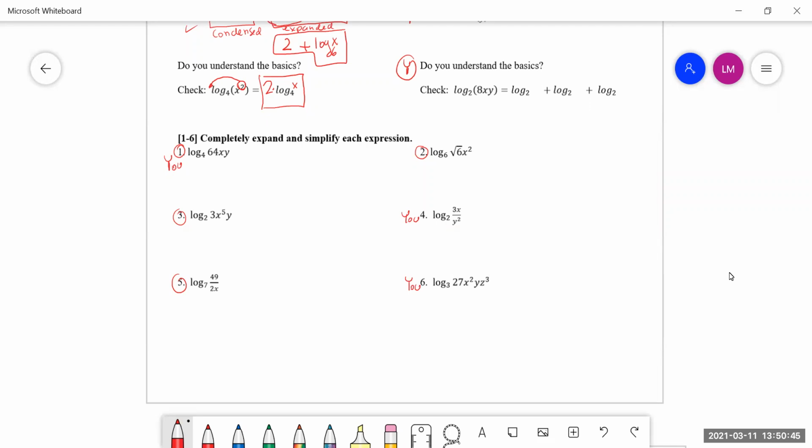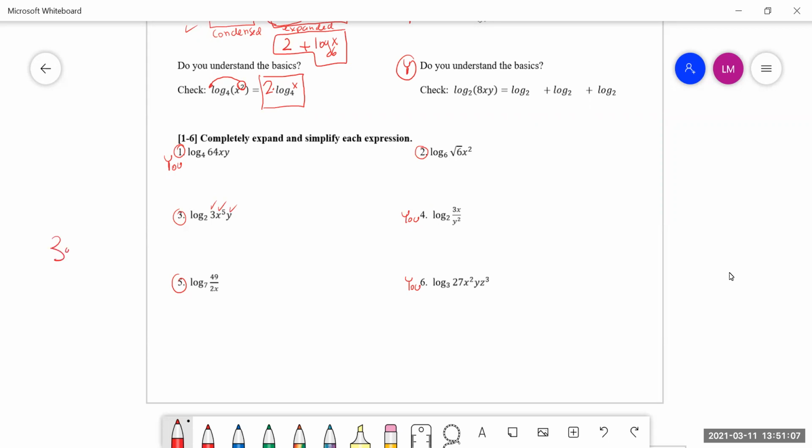Okay. So let's go ahead and do number 3 first. Here we go. Log base 2. I have 3 items and I'm going to put a check mark on them. I have a 3, I have an x to the 5th, and I have a y. As you can see, 3 check marks, 3 values. Because I have 3 values and they are multiplying each other.